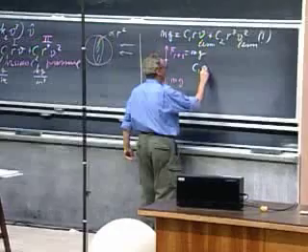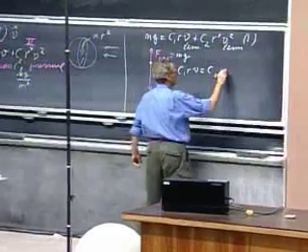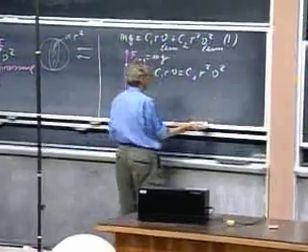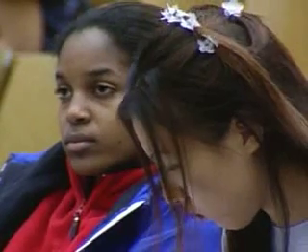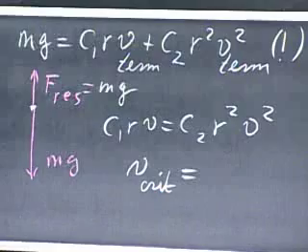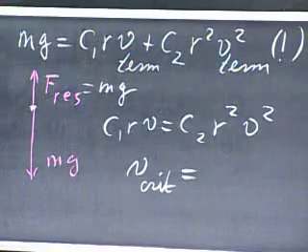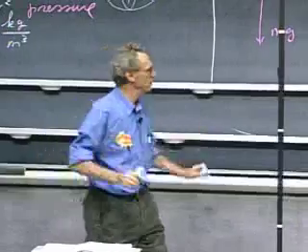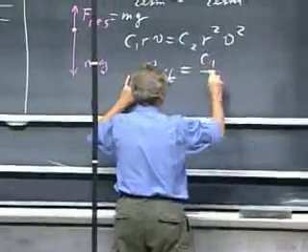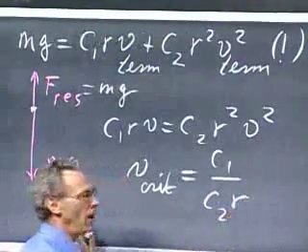So you get c1 r v equals c2 r squared v squared, and that velocity we call the critical velocity, even though there is nothing critical about it. It's simply the speed at which the two terms are equal. That's all it means. And that is, of course, then equals c1 divided by c2 divided by r.